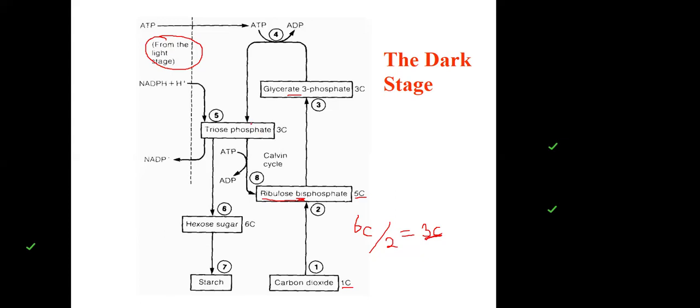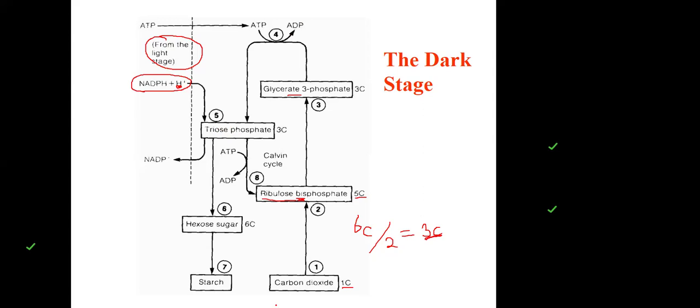And what is also interesting is that at the same time, the reduced NADP, also from the light stage, is going to surrender its hydrogen. Let me maybe put the hydrogen here. So the hydrogen is going to come and join together with this phosphate, and then we form the triose phosphate. Now, some books call it glyceraldehyde phosphate.